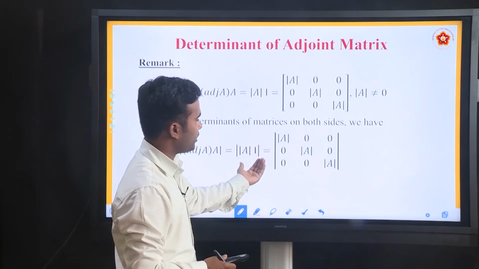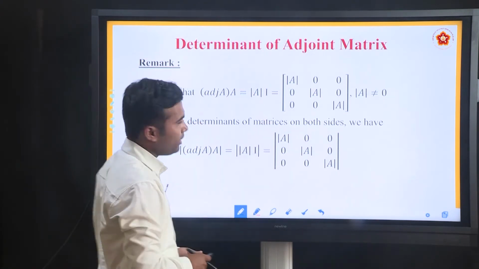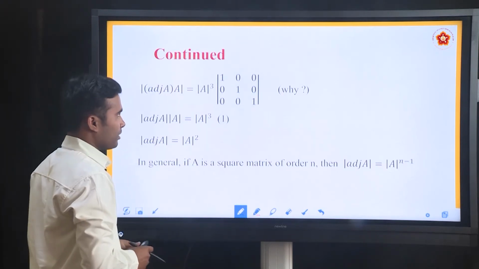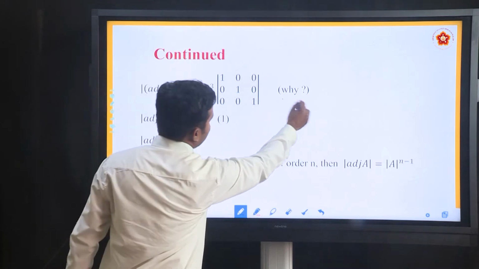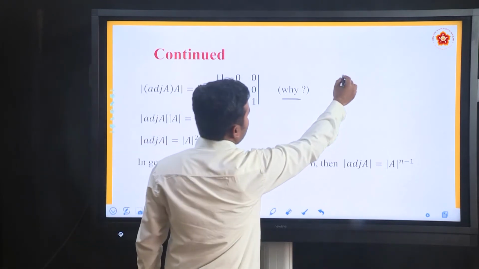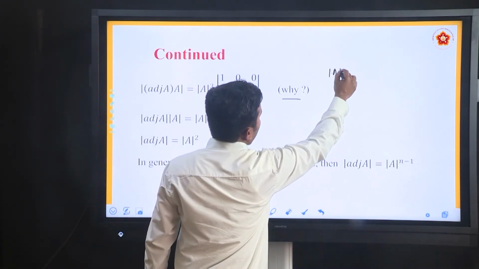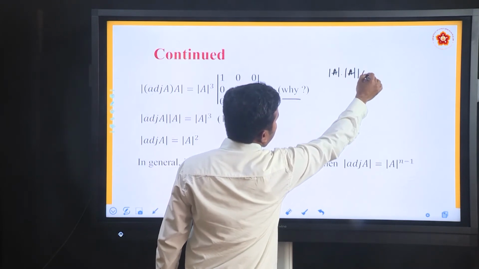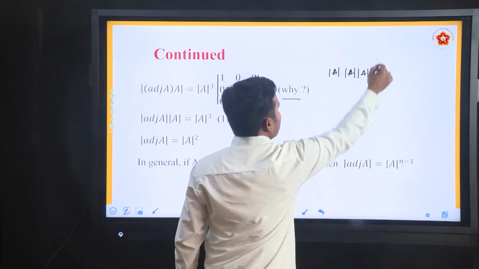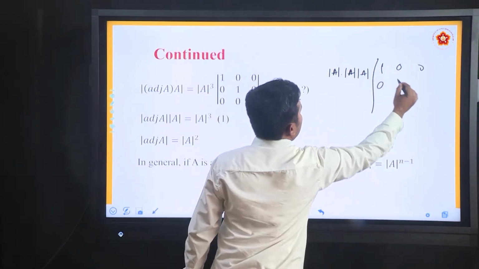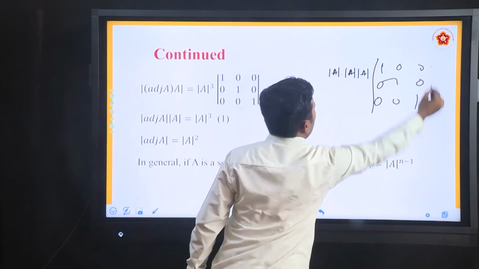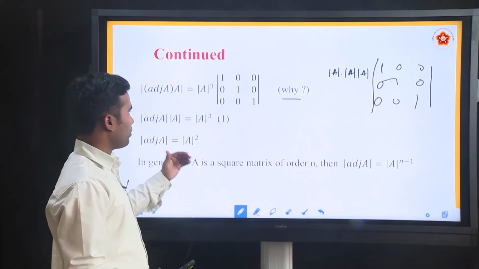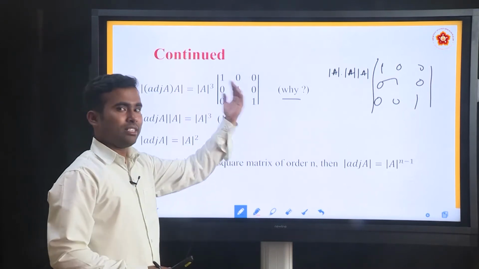There are 3, determinant A into determinant A into determinant A, it becomes determinant of A cube. That is how we have taken it. From row 1 we have taken determinant A, from row 2 determinant A as a common term, then what is left is 1 0 0, 0 1 0, 0 0 1. This is what is left after taking all the determinants out from row 1, row 2, row 3. Similarly, you can do it with C1, C2, C3.